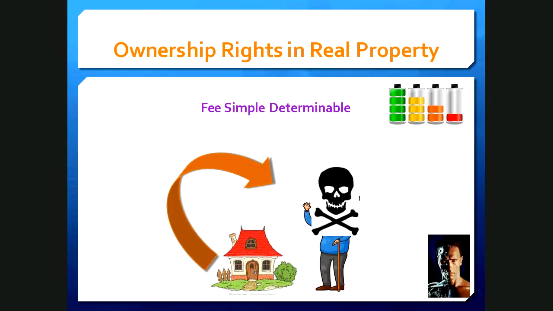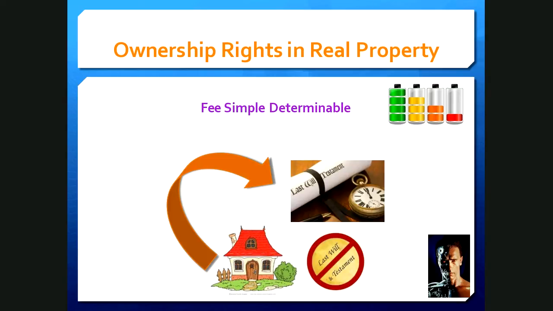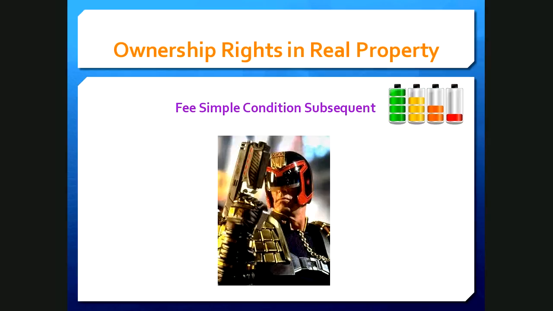And if Old Man Jones is dead already, then the property will go back to Old Man Jones' estate and either go to where he would have designated it in his will, or if he didn't have a will, then pursuant to the state's intestacy laws. So that was a fee simple determinable, where you tie ownership to an event that if it happens can automatically terminate ownership.